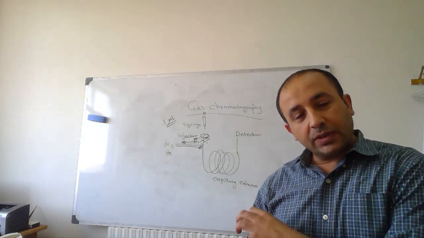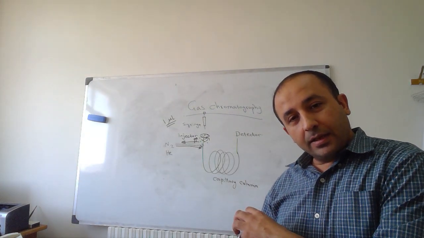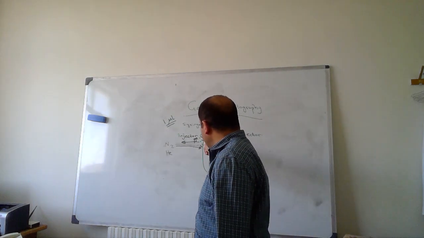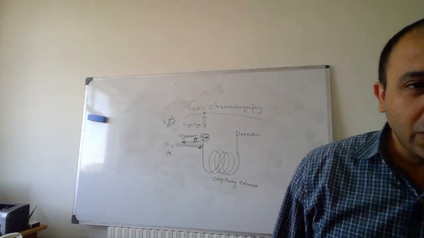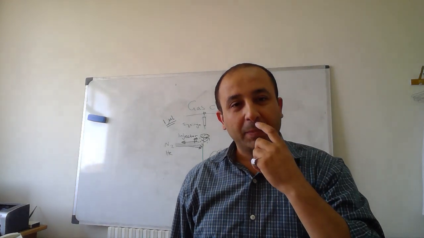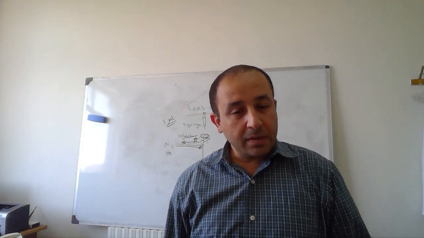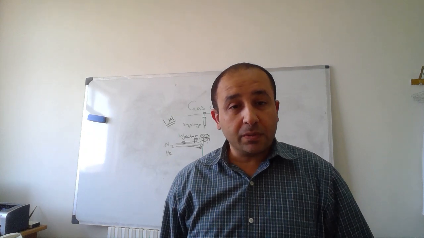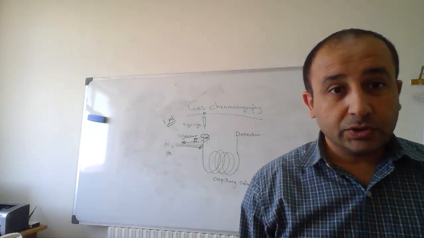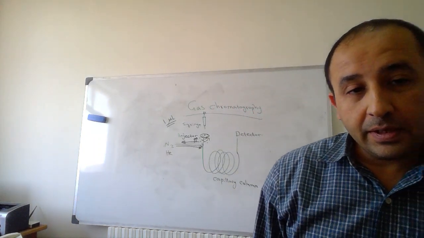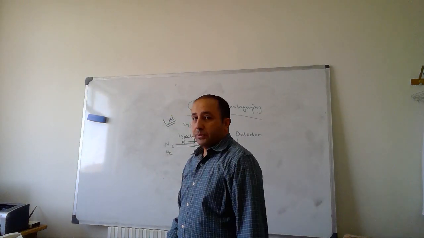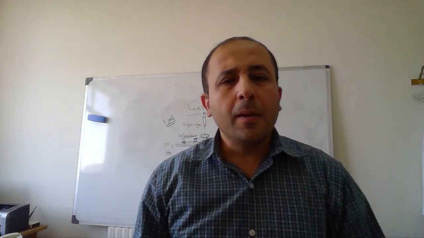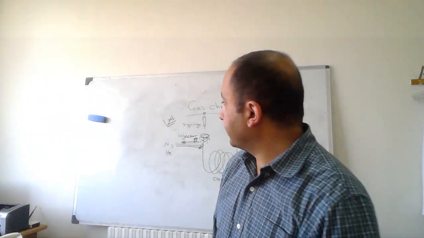With backflash, instead of having the sample go into the stationary phase, it will go to the carrier gas. We will lose part of the sample, and this is very bad. It has very bad consequences on the separation. So you have to make the injection as small as possible by introducing just 1 to 3 microliter, maximum 3 microliter.